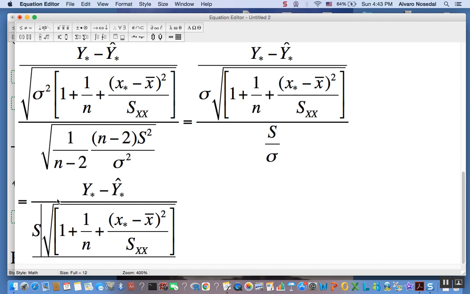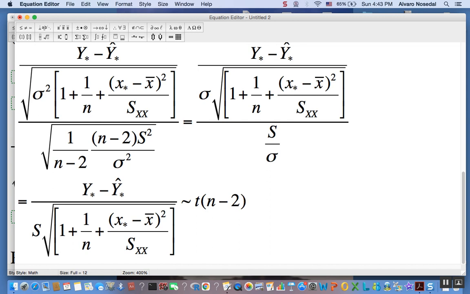Because these sigmas cancel out, we do the math, and in the end we have this expression, y star minus y hat star divided by s times that square root. And this guy has a t-distribution with n minus 2 degrees of freedom.